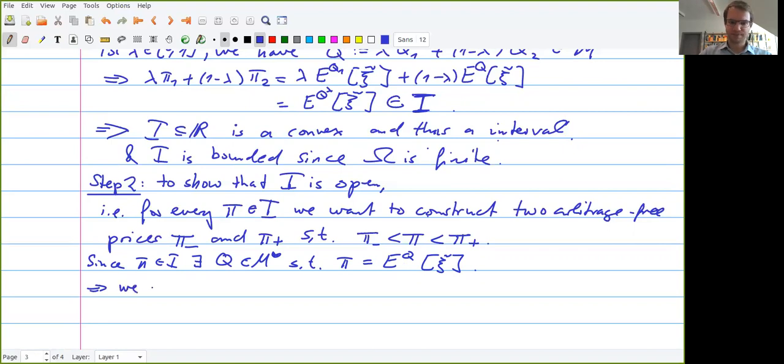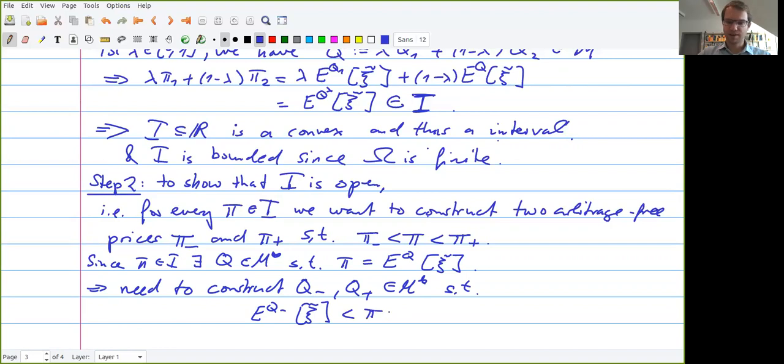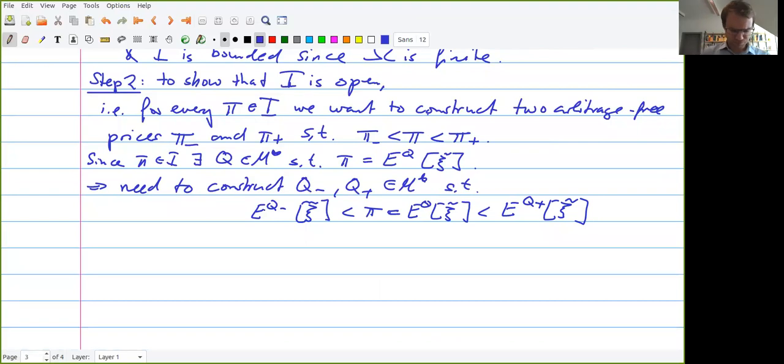So we need to construct, let's call them Q minus and Q plus, in the set of martingale measures such that the expected value of the discounted claim under Q minus is strictly less than pi, which is the expectation under Q, and this is strictly less than the expected value under Q plus of the discounted value of the option.